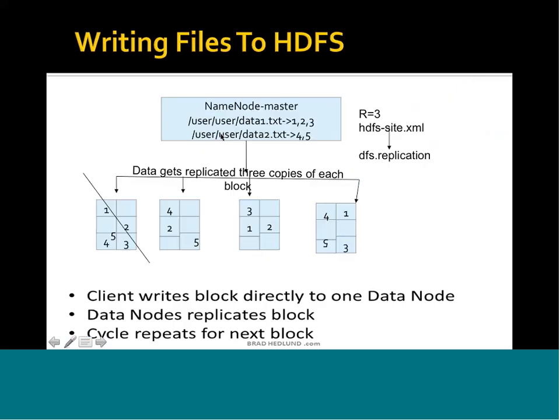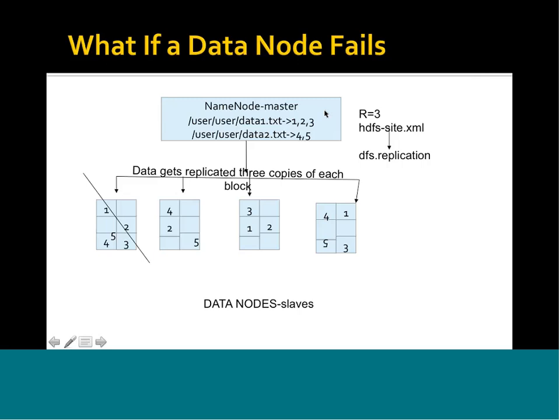Now, let's see what happens when a data node fails. And please understand that all these are implicit. Once you set up your cluster, once you specify the configuration parameter, your Hadoop framework will take care of it. Okay. Now, if you see, name node is a master and these are data nodes. You are writing two files.